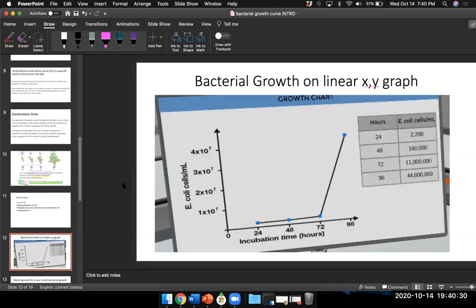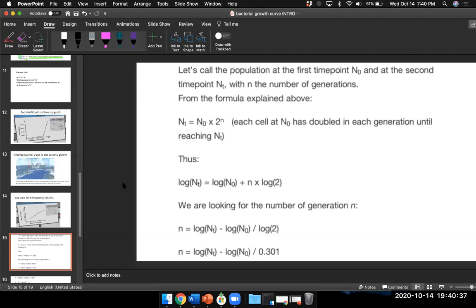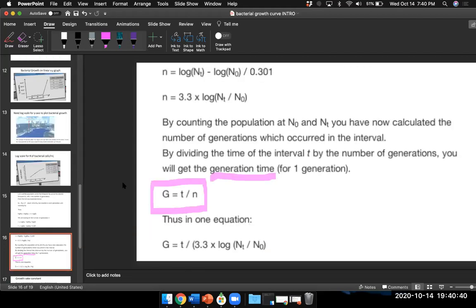Now, I'll come back and talk about this in a minute, but if you wanted to know what the generation time is, then you would need to look at the amount of time, and you would divide the amount of time by the amount of generations. Okay, so here it says by counting the population at N naught and N_T, you've calculated the number of generations which occurred in the interval.